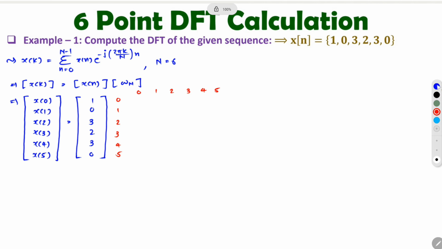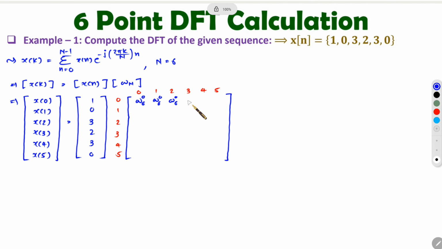Now you can write matrix of Wn. See, Wn matrix, that is therefore 6-point DFT. So here we will be having W6, and with W6 power will be 0 into 0. Over here means 0. Over here W6 is having power of 0 into 1, that is 0.